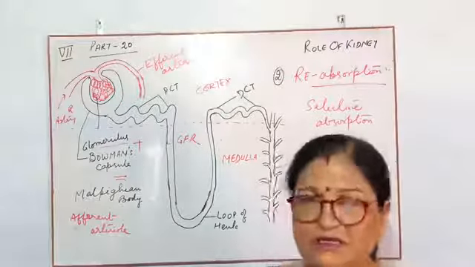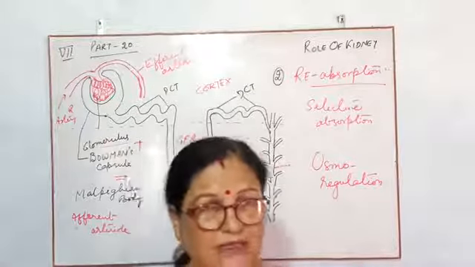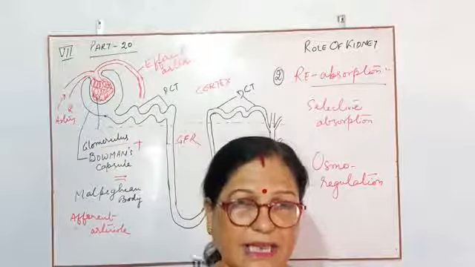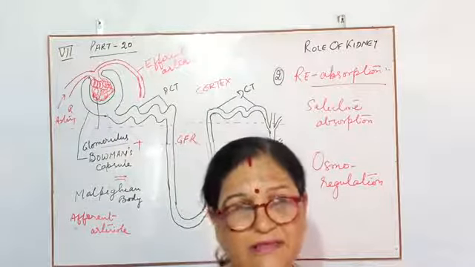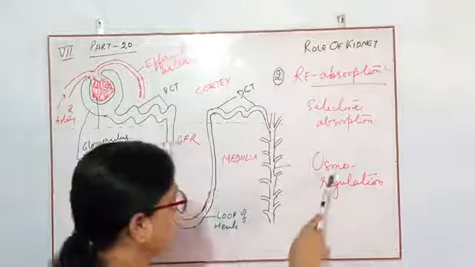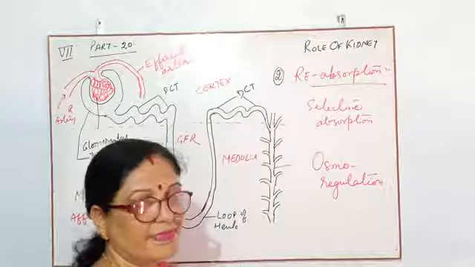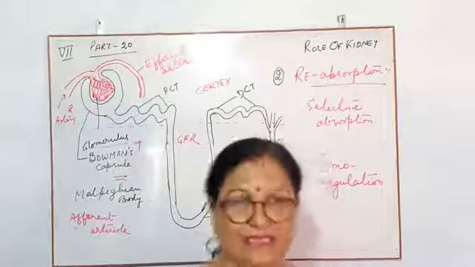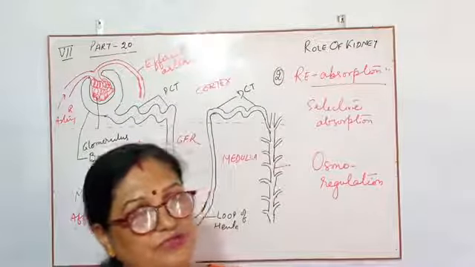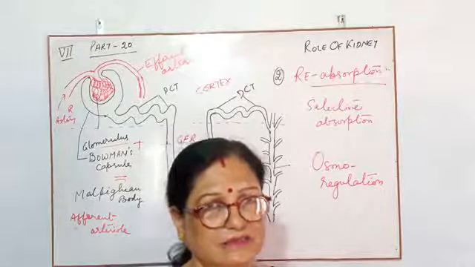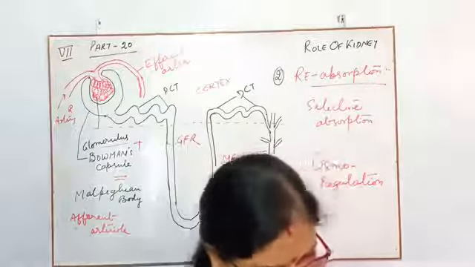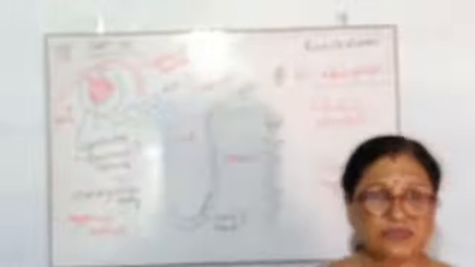This activity, when the kidney helps to maintain the presence of water in the blood, is called osmoregulation, and it is mainly done by the reabsorption of water and other things. So this is the second step of urine formation. First is ultrafiltration, second is selective reabsorption, or reabsorption.